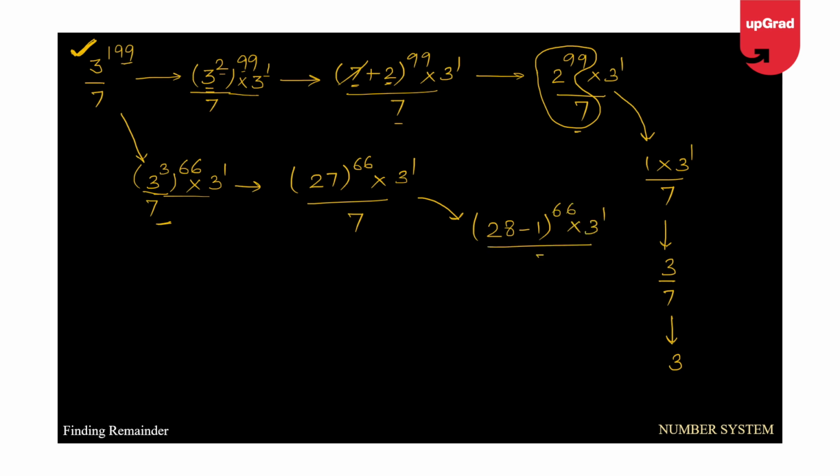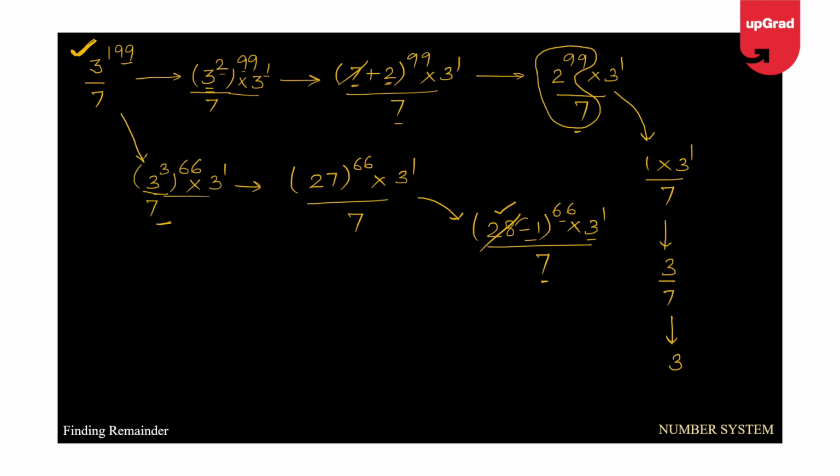Now many of you would think, why have I written 28 minus 1? Because 28 is a multiple of this 7 and hence can be ignored directly. Any multiple of 7 will not give me a remainder. Now I'm left with minus 1 to the whole power 66 multiplied by 3 by 7.